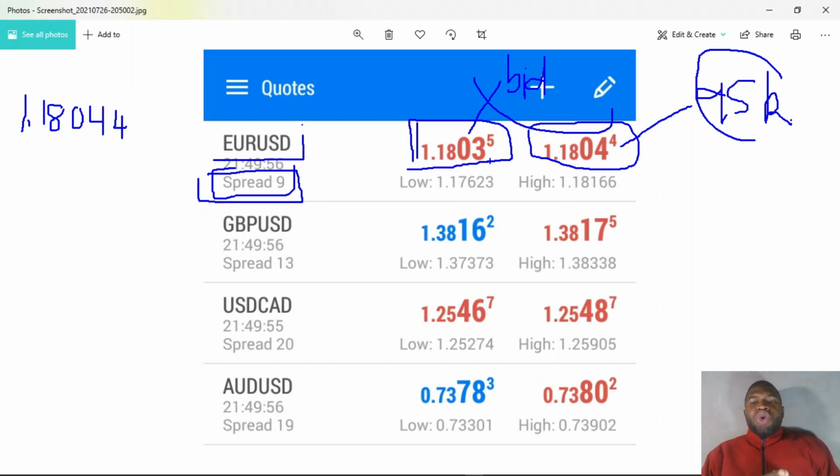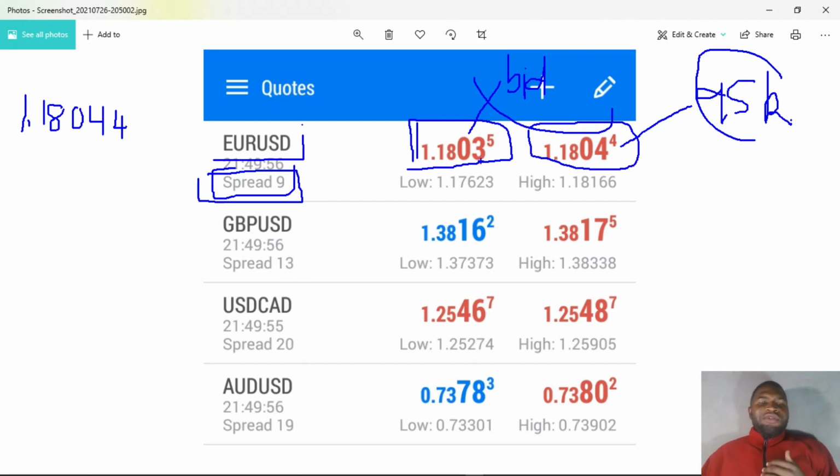If you were to go to the bank and you want to buy a currency, the price at which the bank is willing to give you that currency is different from the price at which the bank is willing to buy that currency.